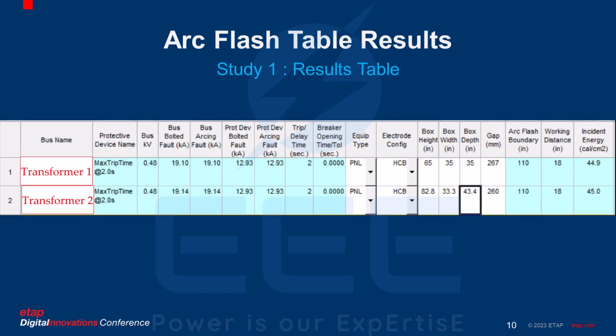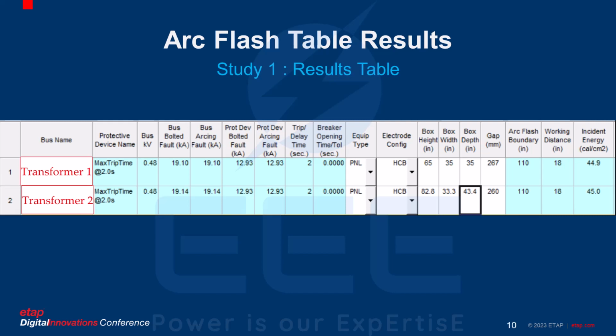Voltage 480 volt, bus fault current 19.10 kA, trip time 2 seconds, equipment type panel, electrode configuration HCB, height 65, width 35, depth 35. Remember, those dimensions are in inches, not millimeters. Gap 267, this one is in millimeters. Working distance 18 inches.